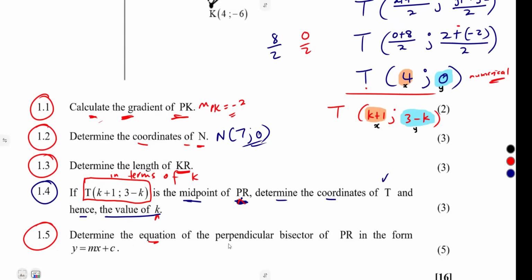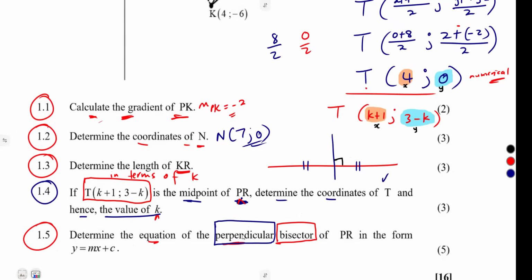Determine the equation of the perpendicular bisector. Remember, when you consider a bisector, that's a line that, if you are given a line like this, divides that line into two equal parts. But this one is a special type because it is perpendicular, meaning that as it divides this line into two equal parts, it does that at 90 degrees.